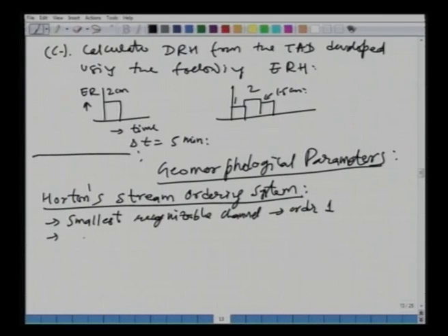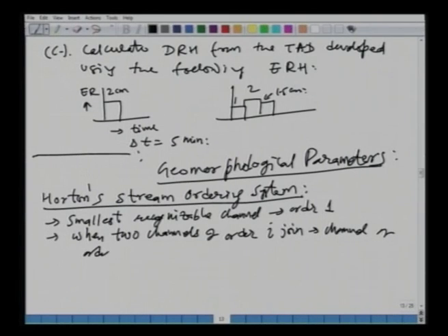And then the other rule is when 2 channels of order I join, the channel of order I plus 1 is formed. Okay. So, we will try to look at this concept in a graphical manner. Okay.